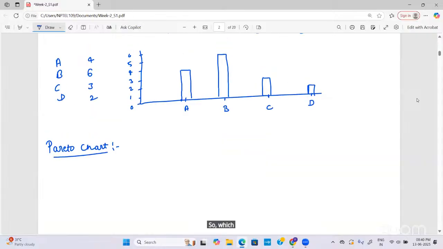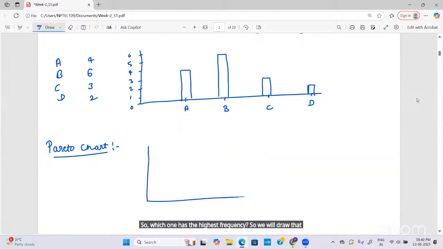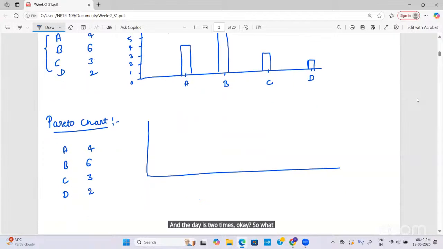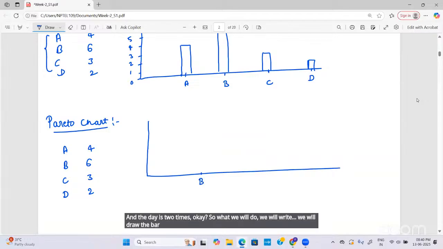The category with the highest frequency is drawn first. For the same data, A is 4, B is 6 times, C is 3 times, and D is 2 times. So we draw the bar for B first. Basically, we have to make it in decreasing order.